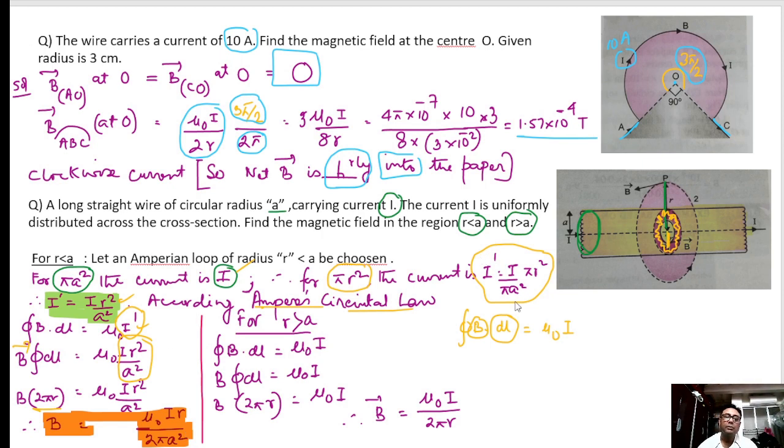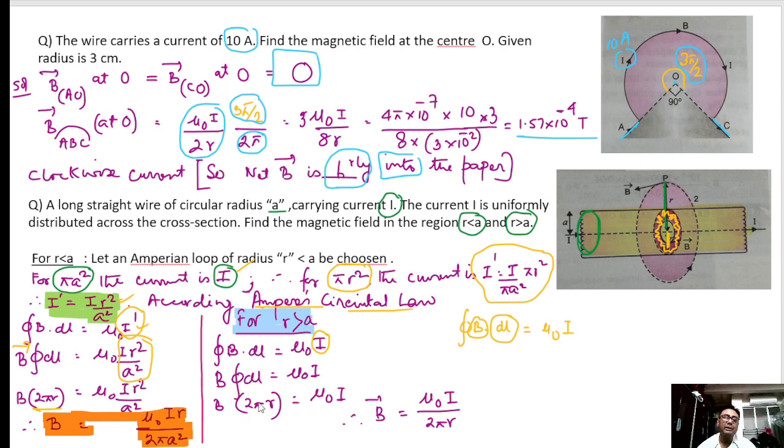Next, for a distance which is more than the radius, r greater than a, that means we are taking a point which is outside the wire, okay, outside. So for this, as you can see, we have to take the whole wire, so the total current should be counted here.